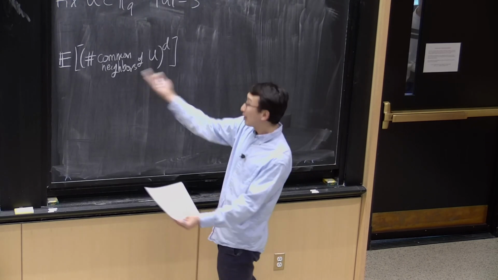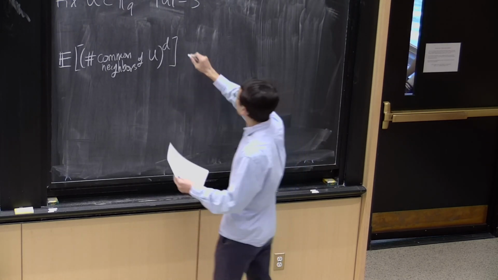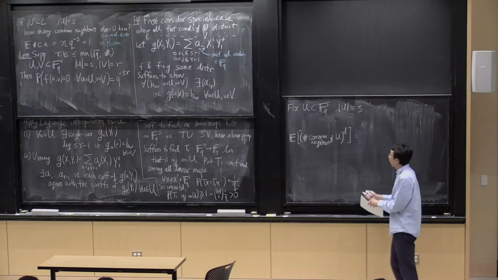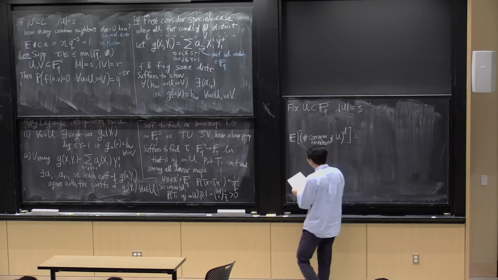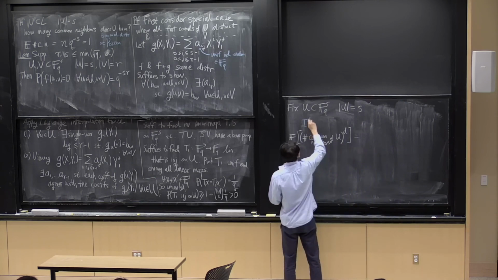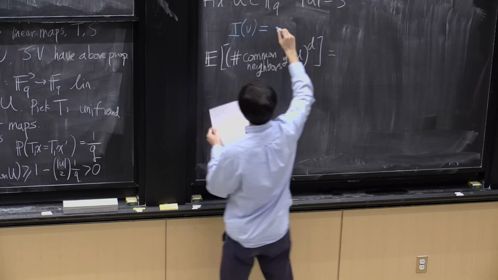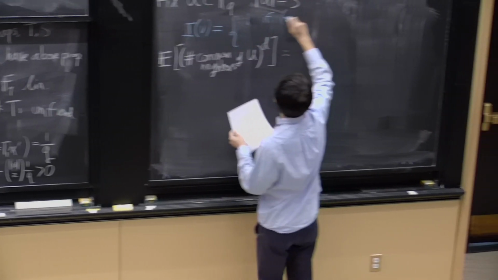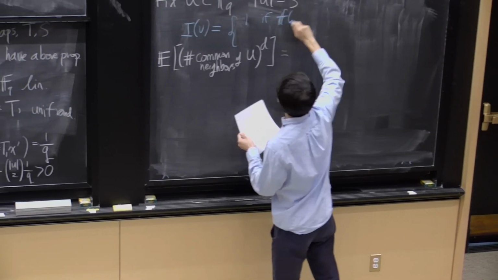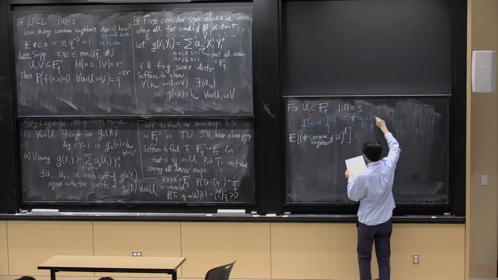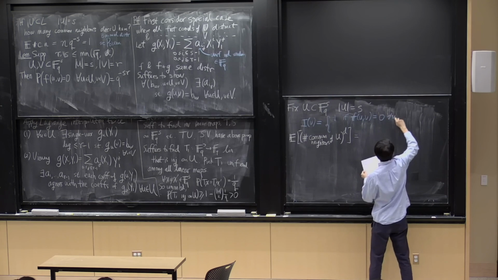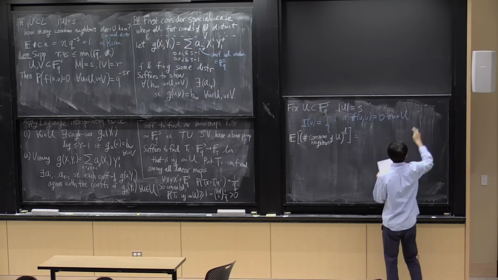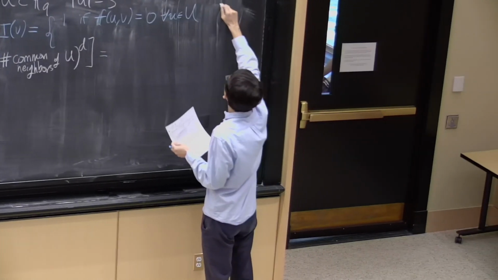One way to analyze such moments is to decompose this count as a sum of indicator random variables. Let me write I of v to be the quantity which is 1 if f of uv is 0 for all little u in big U. In other words, it's a common neighbor.